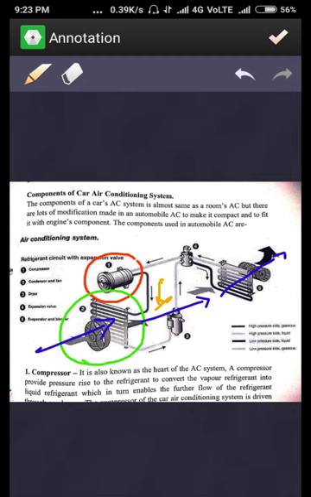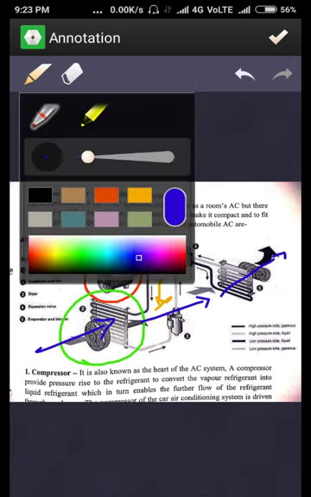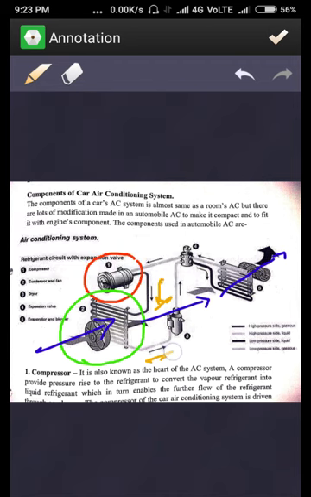At this condenser stage, when the fluid reaches the condenser, the high temperature is reduced and taken to a lower temperature. Further, when the temperature reduces, it is shown with this yellow color, this fluid with high pressure and low temperature.